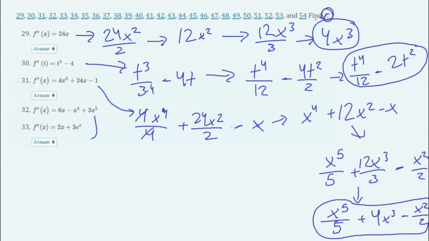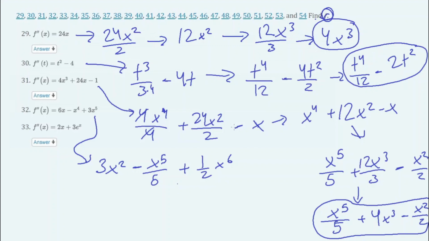And now let's bring number 32 down here. So we have 6x minus x to the fourth plus 3x to the power of 5. So if you find the antiderivative, we're going to have 3x squared. And I'm going to pre-simplify just so we don't have to go through all that. It's going to be 3x squared minus x to the fifth over 5, plus 1 half x to the sixth.